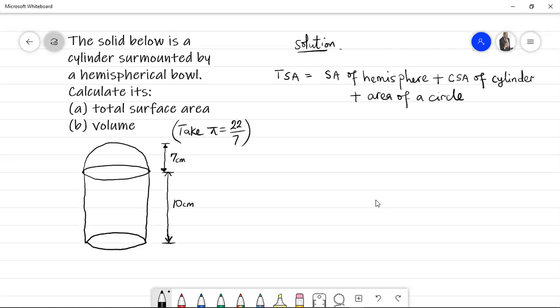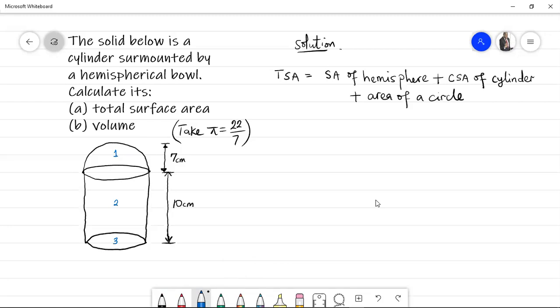Now, you will be wondering, why do I have this to be my total surface area? The reason is simply because the surfaces that you can account for in this solid are, number one, the surface of the hemisphere. Number two, the curved surface of the cylinder. And number three, the circular base of the cylinder.